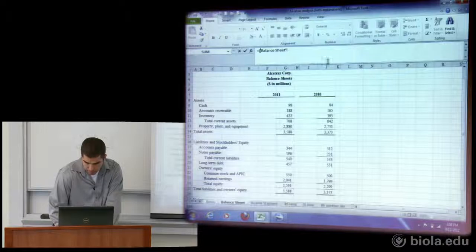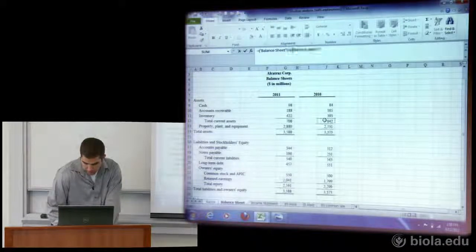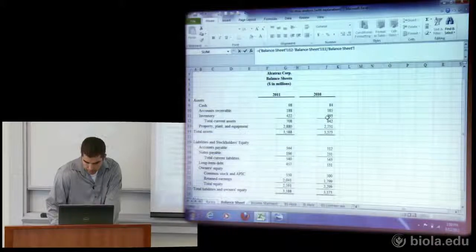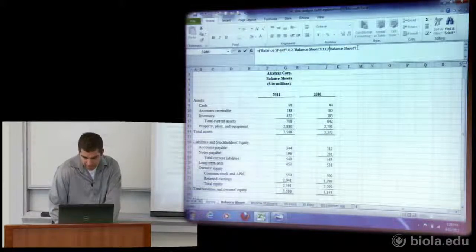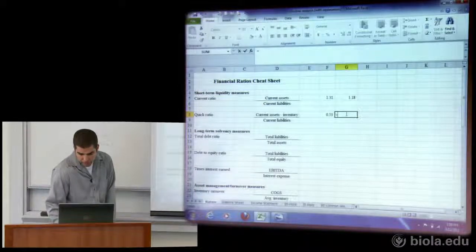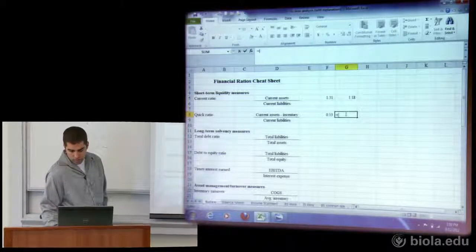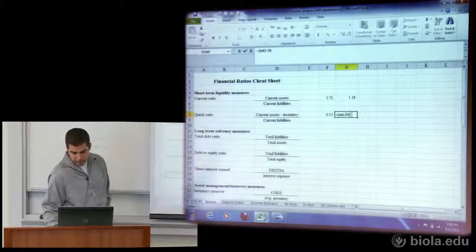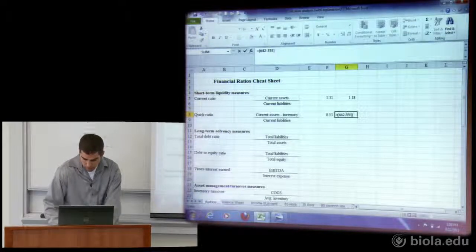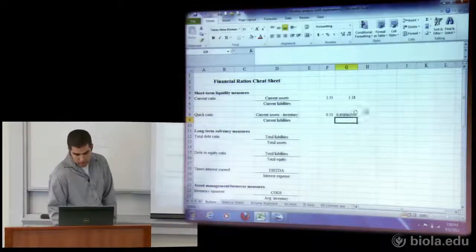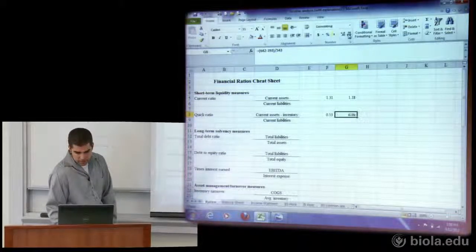Okay, we'll just put the numbers in here because of the linking going back and forth between the tabs. So tell me again the numbers. 642 minus 393, divided by 543. And you got 0.46.